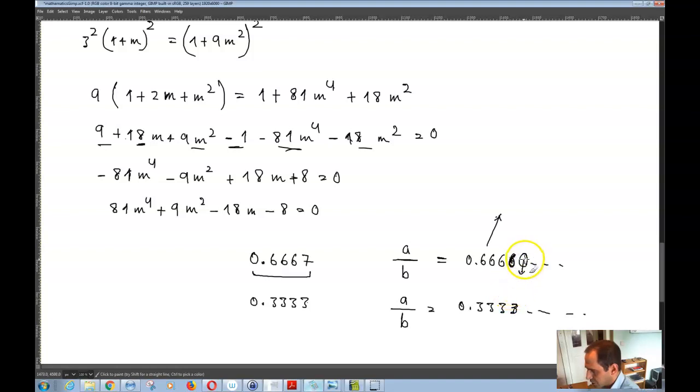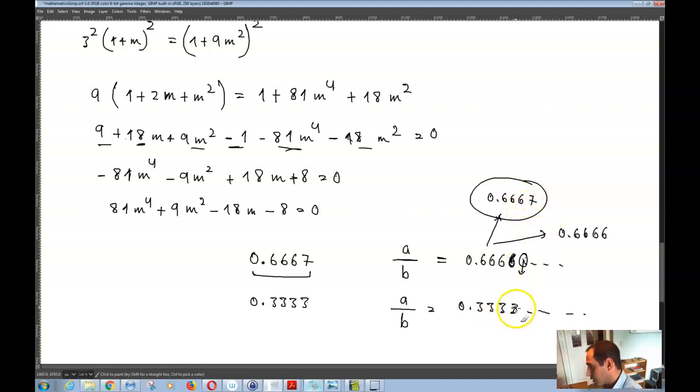Whatever that digit is, if it's greater than 5, then you round up, meaning that you add 1 to this digit, this 6 becomes a 7, and then your whole number becomes 0.6667. If this number is less than 5, then of course the number remains as 0.6666.